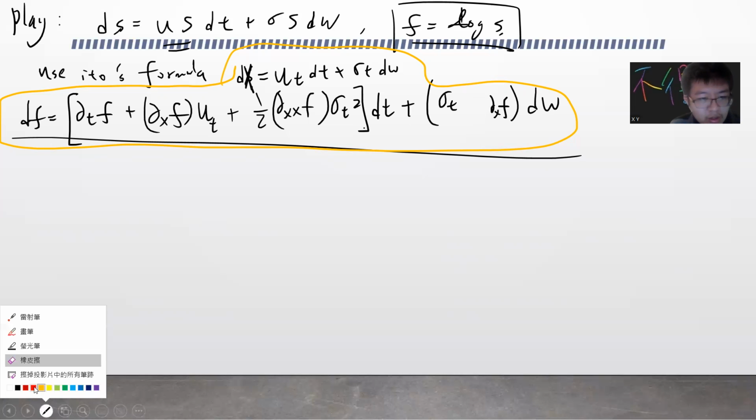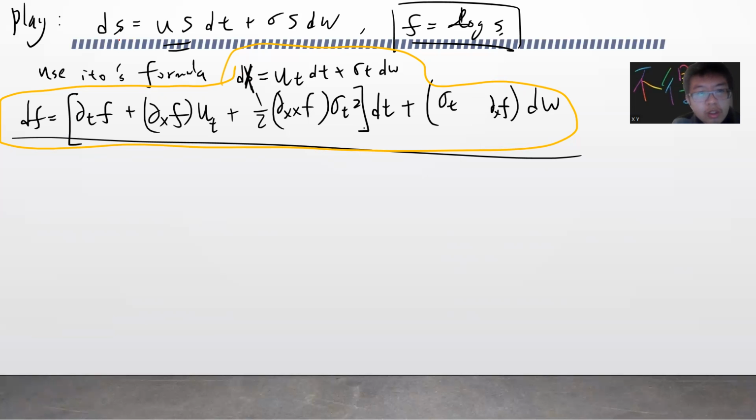Okay, so let's do this. Obviously I should replace our x with s. So this x I just change to s, and now I set f to be log s. So about df, this is just chain rule.